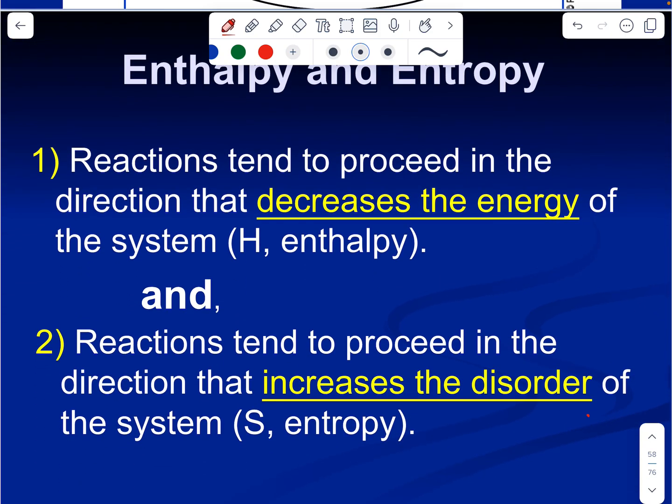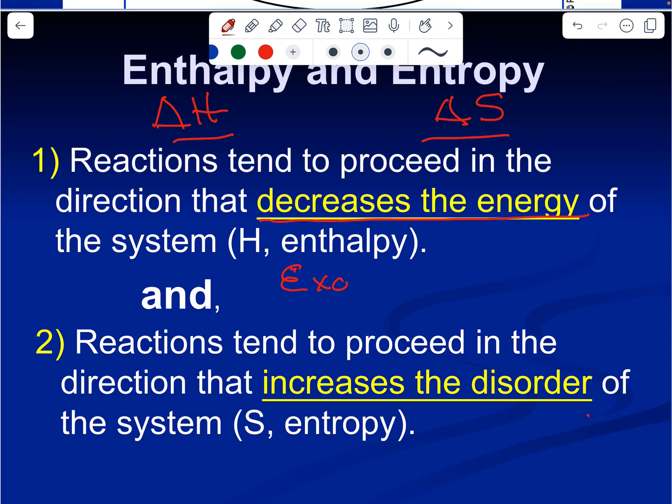So enthalpy, which we represent by delta H, and entropy, which we represent by delta S, work together to determine spontaneity. Delta H, enthalpy, is favored when it decreases the energy.